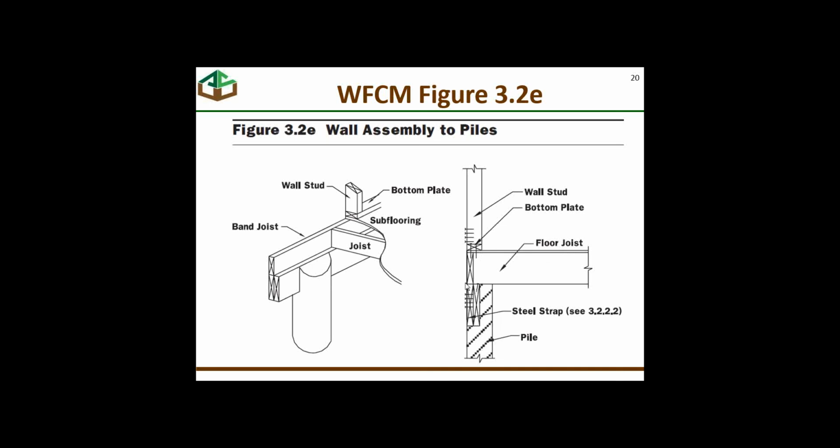The girder, in this case, is notched into the top of the pile, and there are requirements that the pile cannot be notched more than 50%. So this girder frequently, and should be, fully supported by the pile connection, as you see it here. Then you see a note that says steel strap, and a bunch of nails that connect the load path from the wall stud all the way down to the girder. So that's one connection method to make the load path continuous from the wall down to the pile.